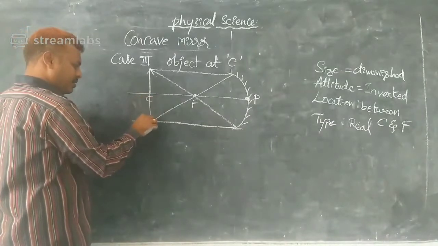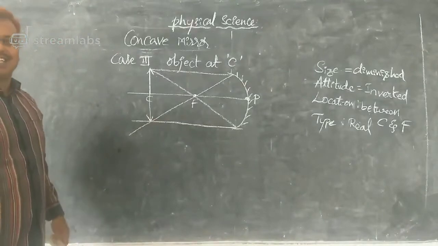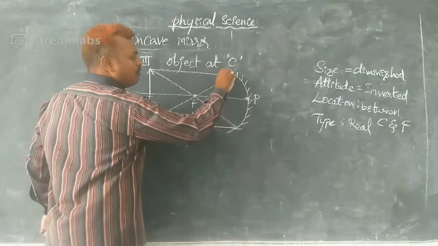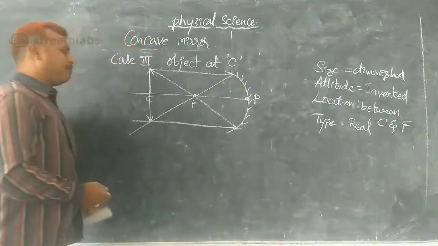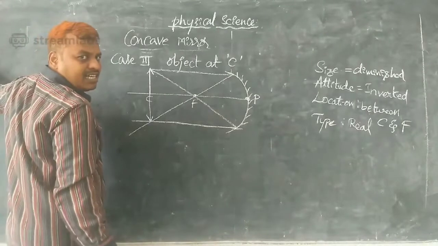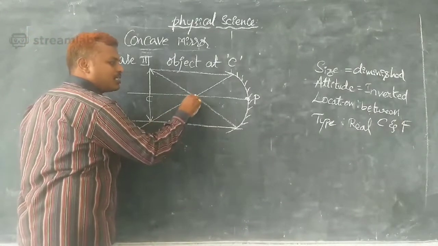Exactly the same image is going to form here. Right? So, previously the object was at infinity, image formed at focus, small image is formed.